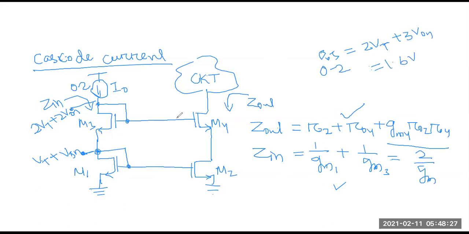But I said for 65 nanometer or 130 nanometer, the supply voltage is 1.2 voltage or less than that. So we require 1.6 voltage, and if you give 1.2 voltage, these transistors will not be in saturation, they will be in linear. So it will not be an exact current mirror. That problem will be there.